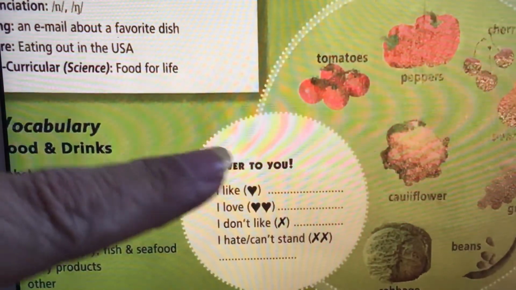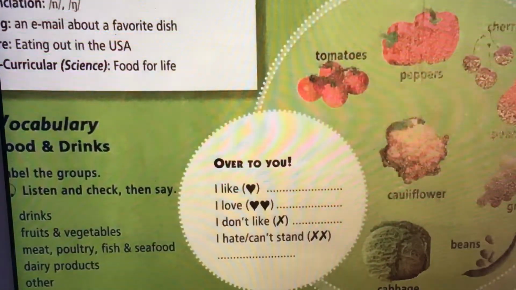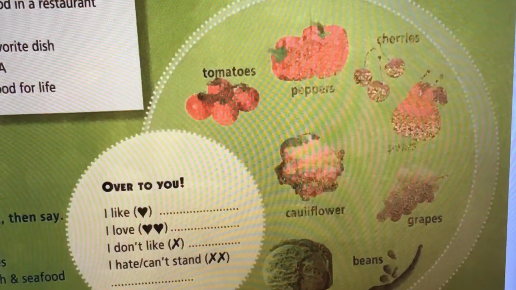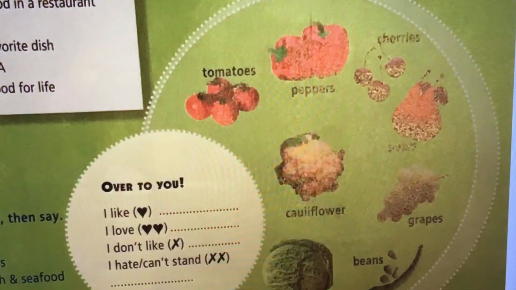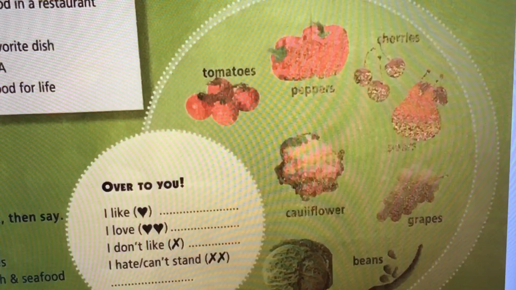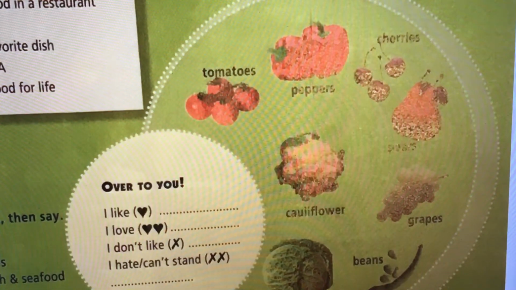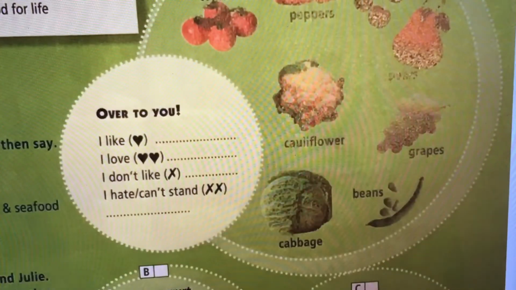As you can see, we have here some words. For example, we have tomatoes, peppers, cherries, pears, grapes, cauliflower, and cabbage.